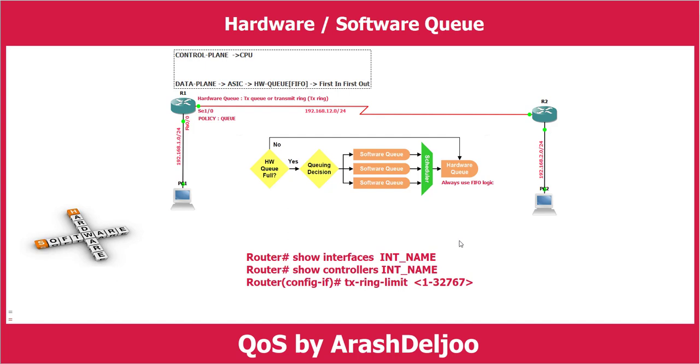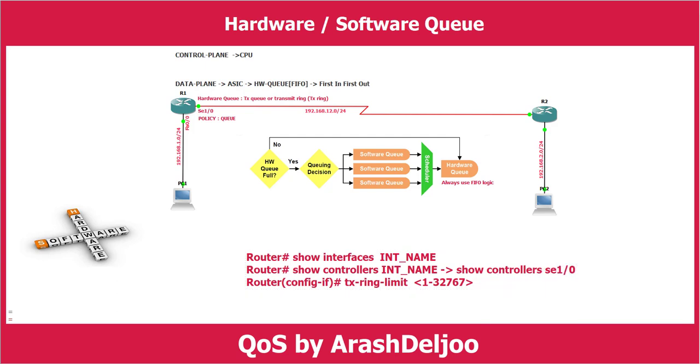Let me show you the hardware queue that we have, for example, in router 1 on serial 10. Here I'm going to use this command. Look here, show controllers, then the interface name. For example, I can use show controllers serial 10.